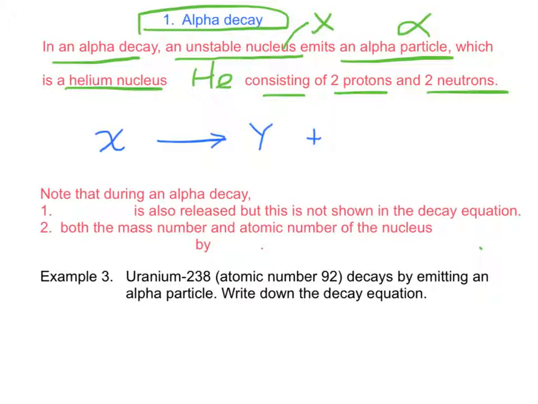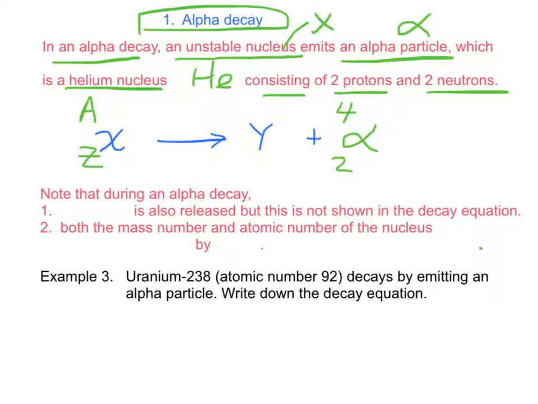The equation for alpha decay can be written as X, mass number A, atomic number Z, decays to form a daughter nucleus Y and an alpha particle, mass number 4, atomic number 2.